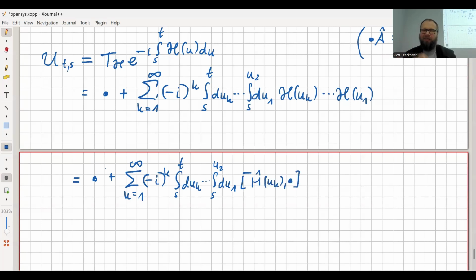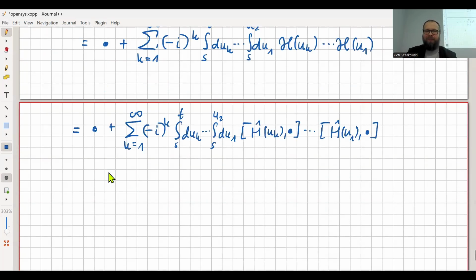They are adjoint, so made out of a commutator with the Hamiltonian operator. But you can even go further if you need to.